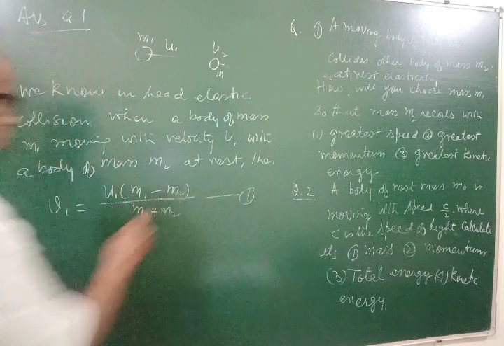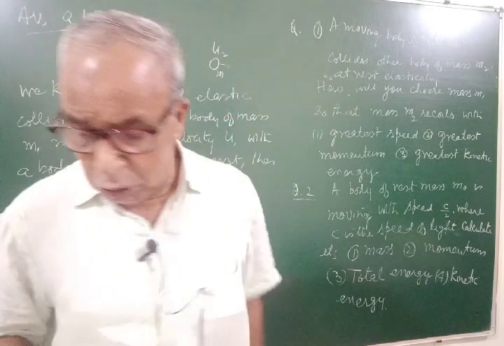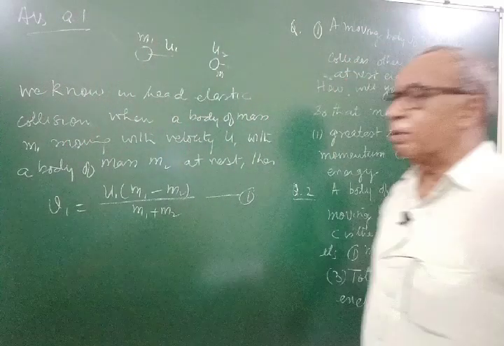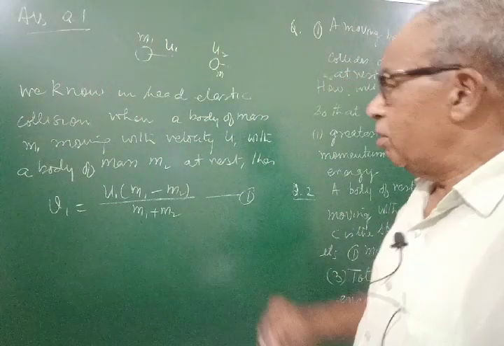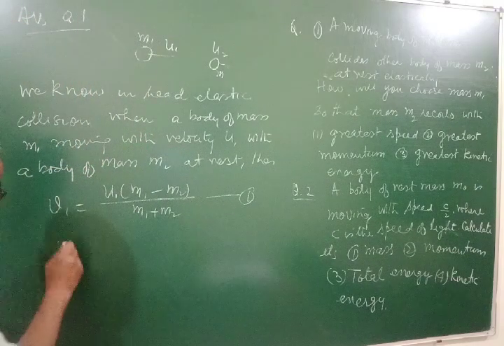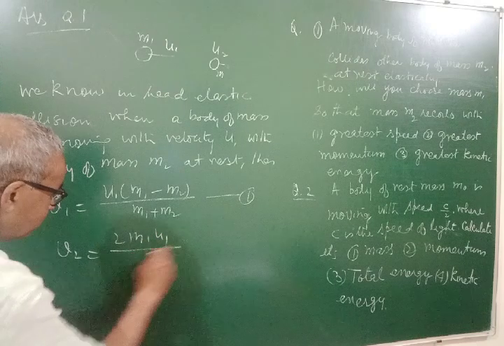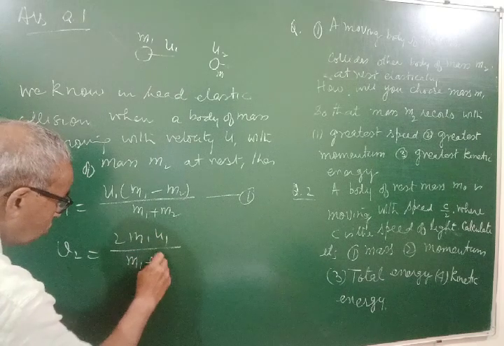Dear student, you have to remember this. I told you in the video in which I derived the velocities after collision that we have to remember these. And what is v2? v2 is 2 m1 u1 upon m1 plus m2.